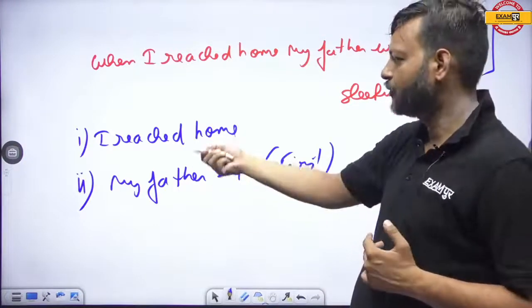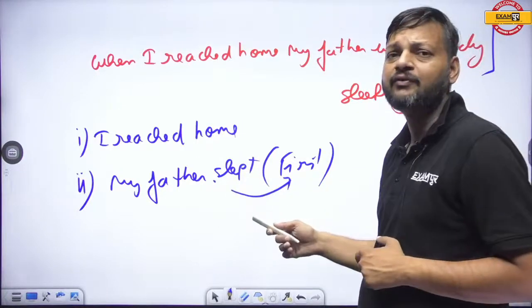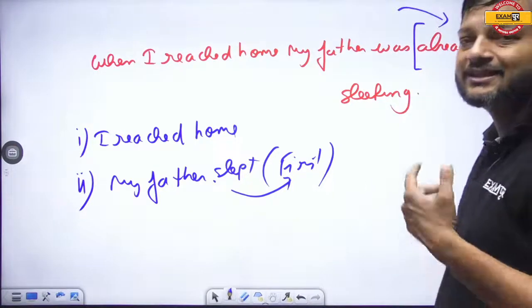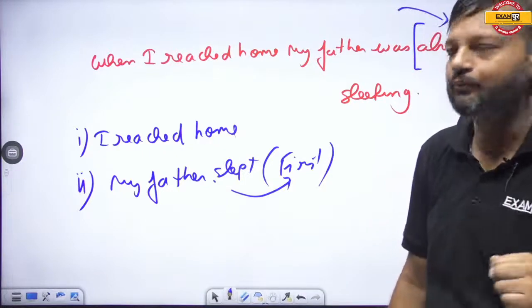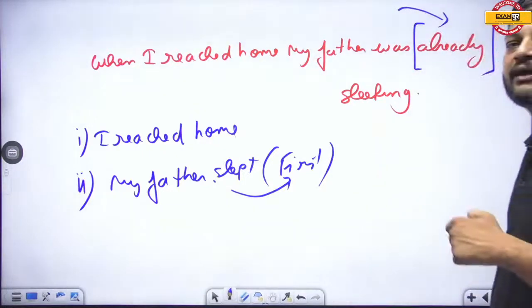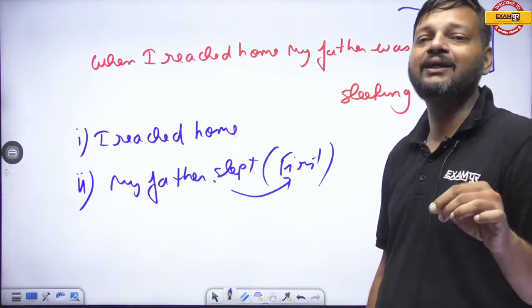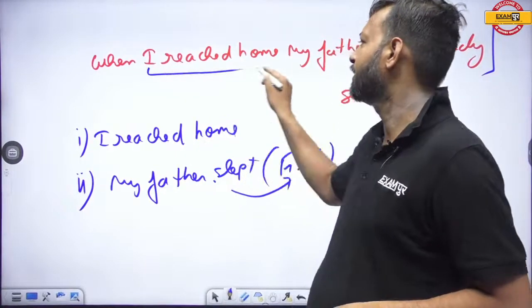How do we know this happened first? Because the word already suggests that my father slept first, then only I reached home. So out of two actions, the former one is always in past perfect tense and the later one is in past indefinite tense.